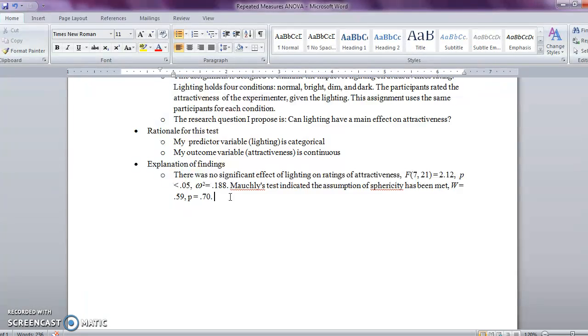But when you get into the nitty-gritty of the ANOVA, there was no significant effect of lighting on ratings of attractiveness. I do want to stress that correlation is not causation, or that there's no implication of causality here. That's the easiest way for me to get out what I'm trying to say.